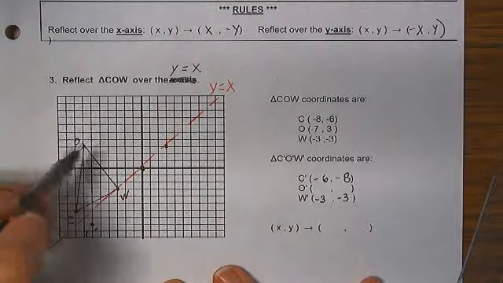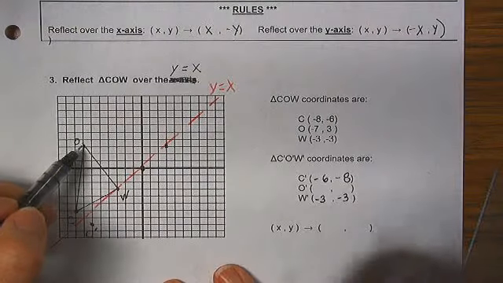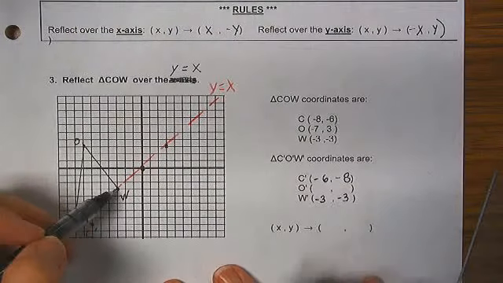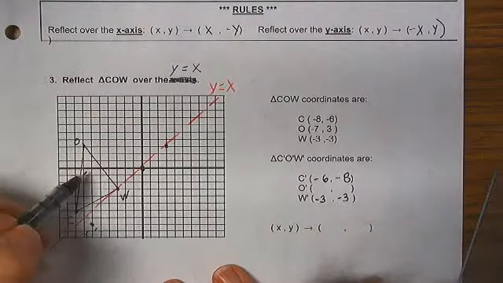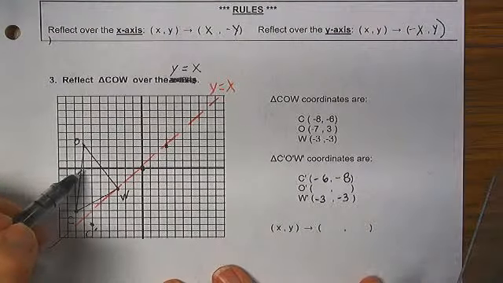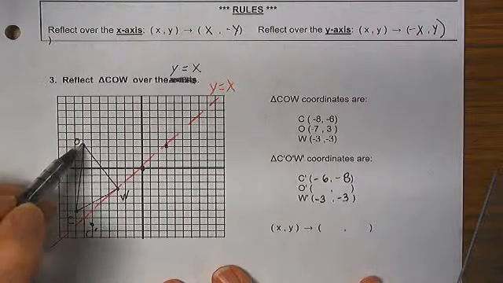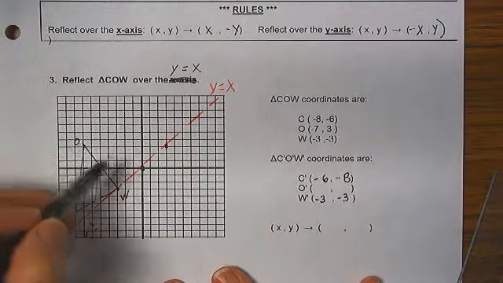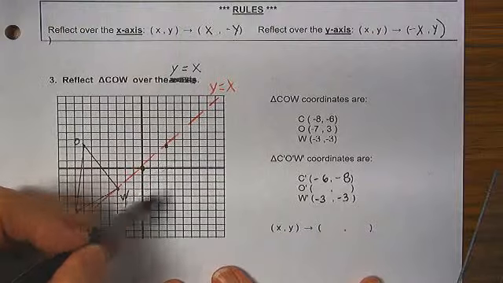Now what I need for O is, well, let's see, what is O? O is (-7, +3), so O prime must be (+3, -7).